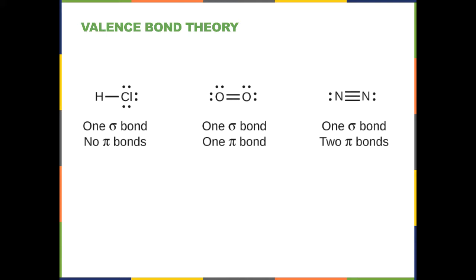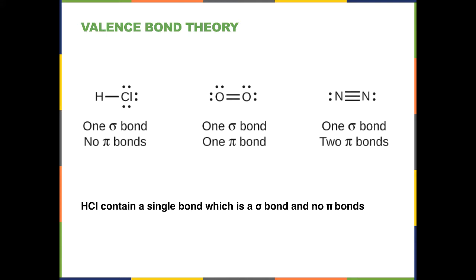So if you were to look at various configurations, you would see that, for example, on the left here, hydrochloric acid has one overlap of the s orbital from the hydrogen and a p orbital from the chlorine. This represents a sigma bond, but there are no pi bonds. When a double bond occurs, the first bond is a sigma bond, the second bond is a pi bond.